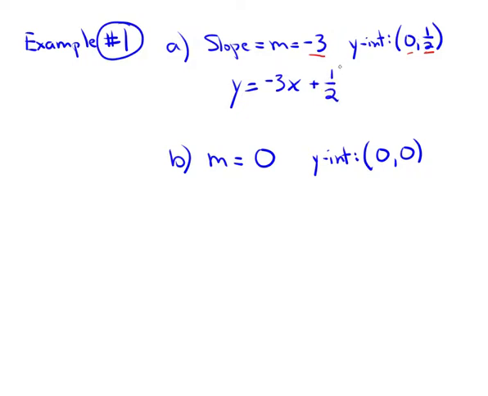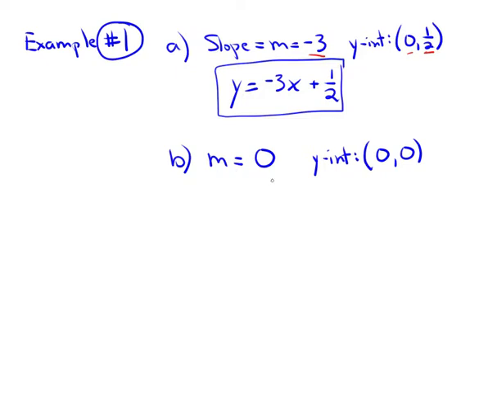And that is our equation with our slope and our y-intercept, because when x is 0, when our independent variable is 0, that zeroes this part out, and we're left with 1/2 as our y-intercept. So that is an equation written y as a function of x.